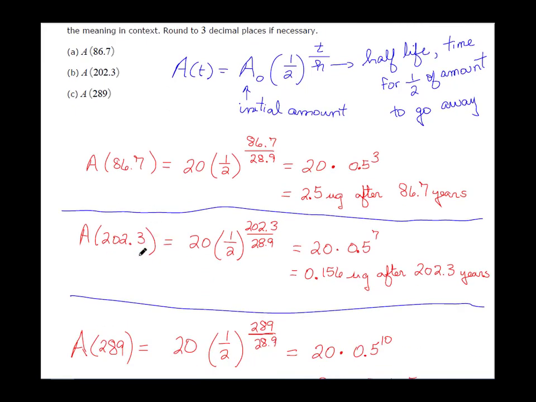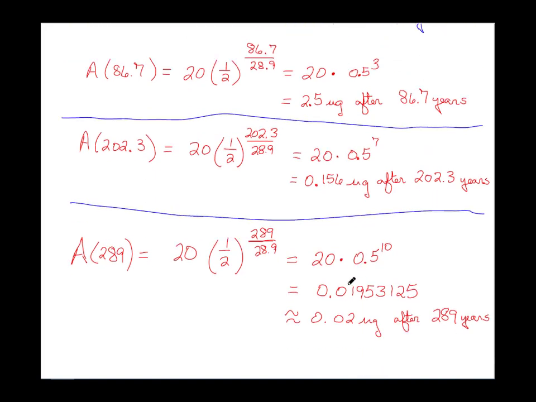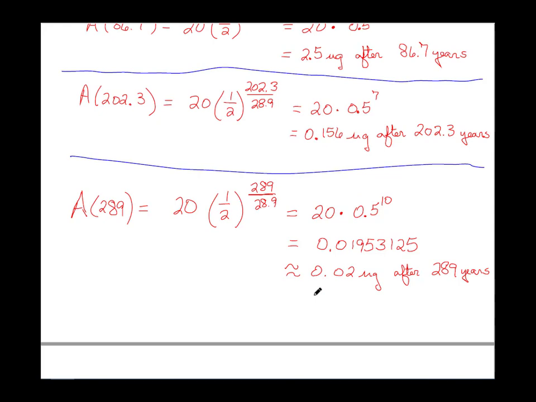If you use 202.3, turns out that's exactly 7 half-lives. 7 times the amount is halved. And so that would look like 0.156 micrograms. And if you did 289 years, that's exactly 10 half-lives for the item to go away.